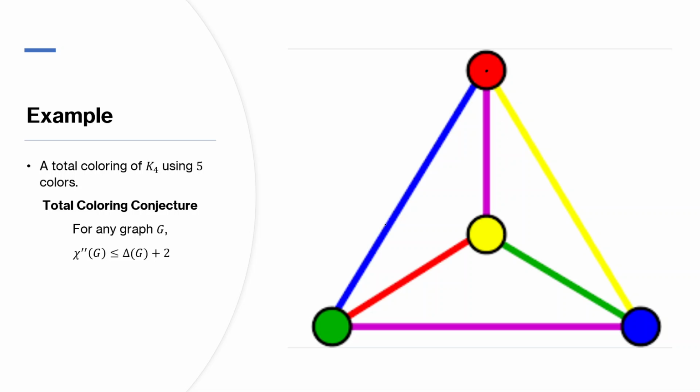So this is a 5 total coloring of the graph. Notice that any 2 vertices that are adjacent do not share the same color. Any 2 edges that are adjacent do not share the same color. And if a vertex and edge are incident with each other, they do not share the same color. And so this is a total coloring of K4 using 5 colors.